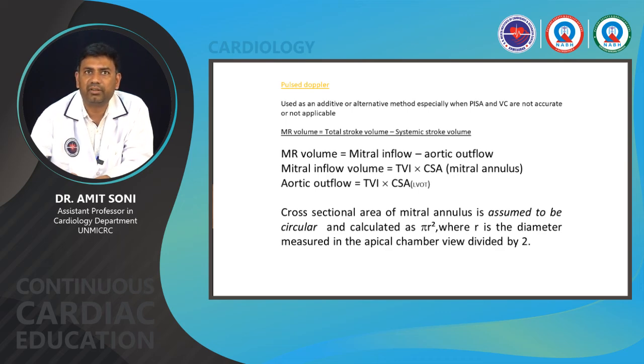Mitral inflow is calculated by the TVI multiplied by the CSA, and aortic outflow is calculated by the TVI, again velocity multiplied by the area. The cross-sectional area of the mitral annulus is assumed to be circular, and is calculated as pi r², where r is the diameter measured in the apical four-chamber view divided by 2.